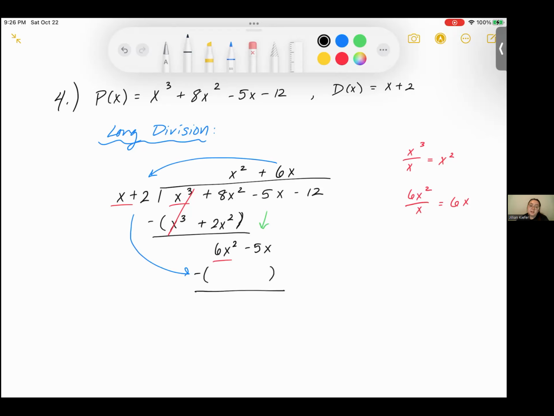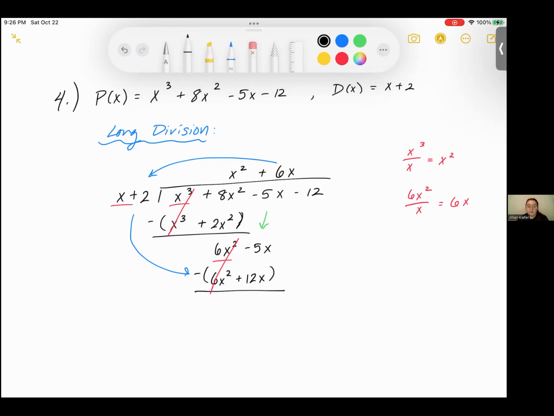So, all right, 6x times x would be 6x squared, and 6x times 2 would be 12x. So, like we said, if we did it right, those first terms should cancel each other out, which they did. Then we have negative 5x minus 12x. Now, you're really just doing this operation with the coefficients, not necessarily x.